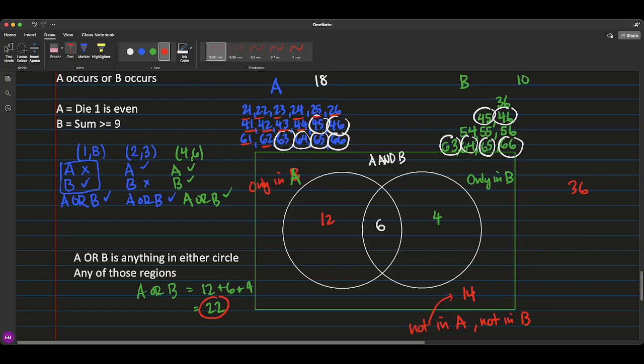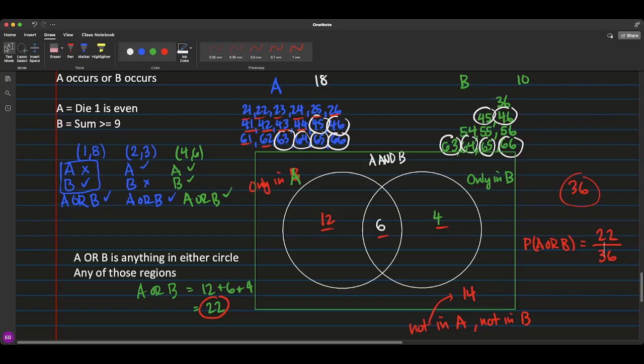Okay, so now we can calculate the probability. The probability of A or B is the total number of outcomes, which is 36. That's why that number is here. And how many ways can you make A or B true? Well, 12 plus 6 plus 4, which is 22. So pretty straightforward.